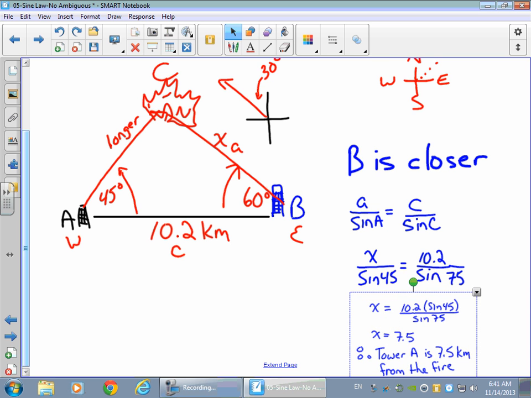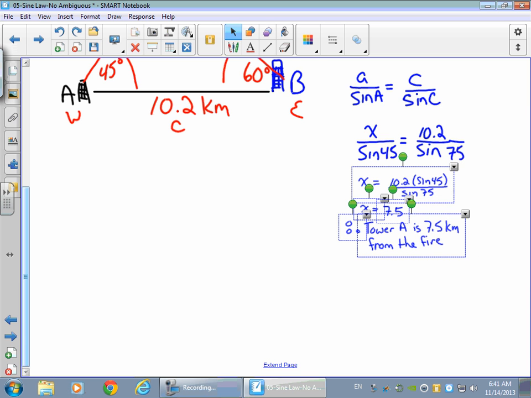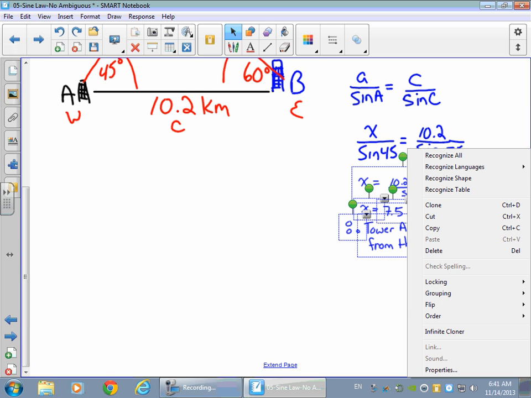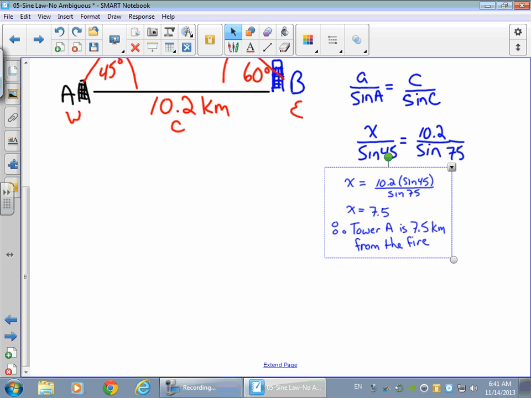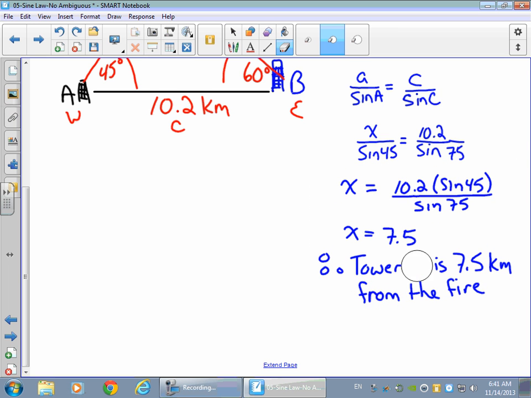And I can finish that up. And actually I wrote it a little bit wrong here. It is Tower B that is 7.5 kilometers from the fire.